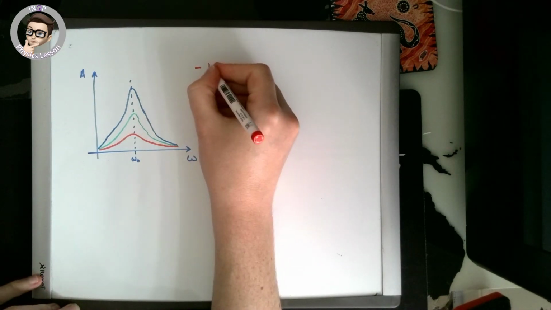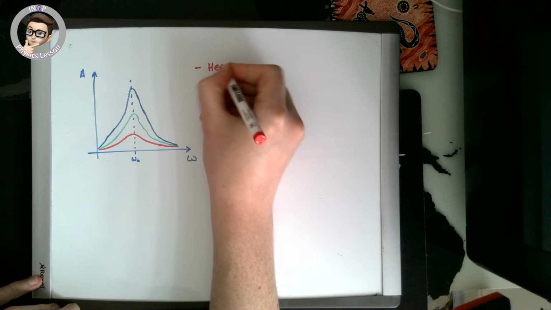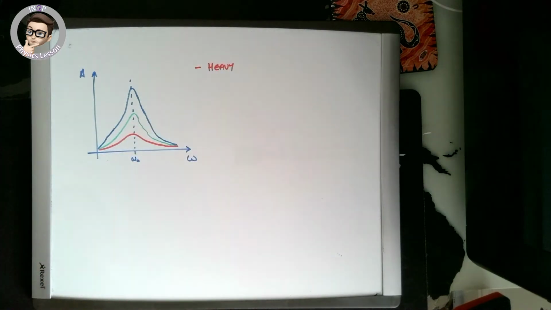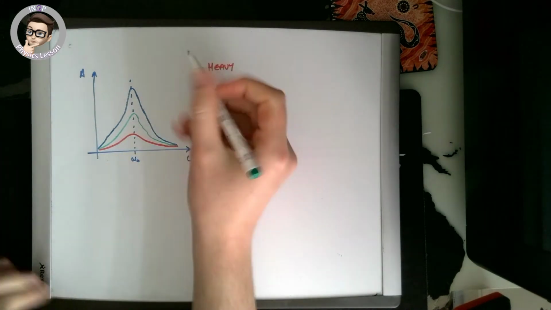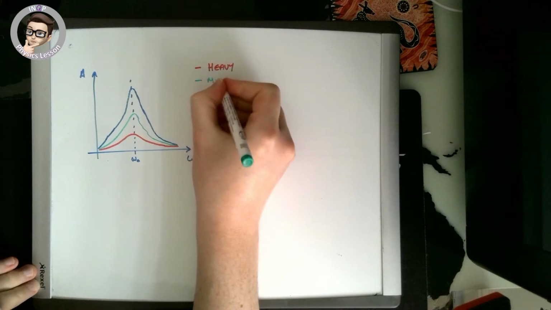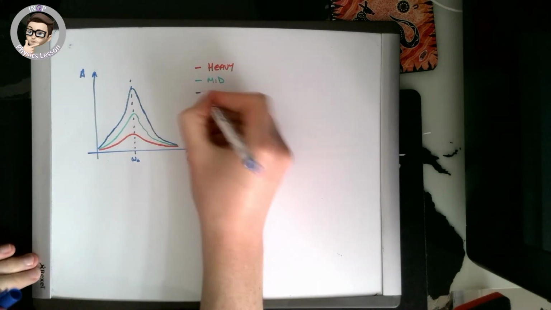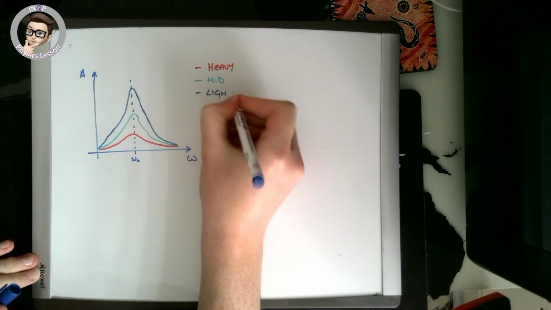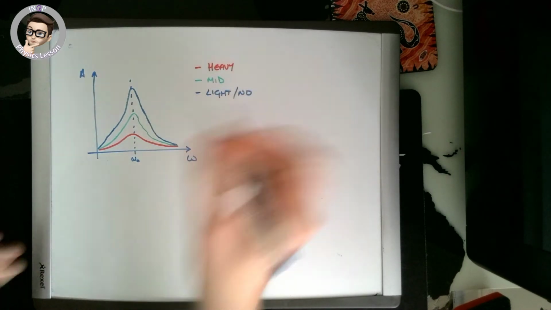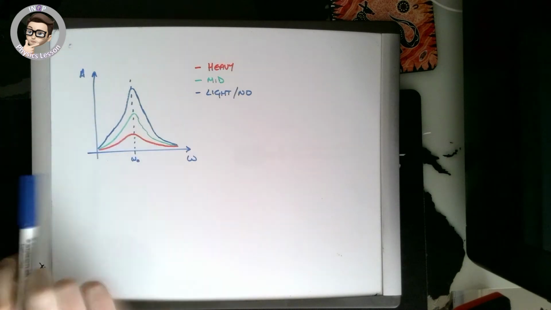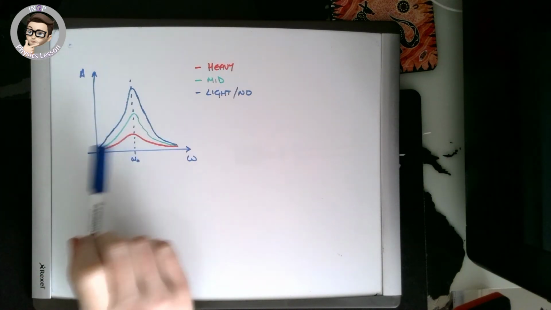So we've got heavy damping, we've got a mid amount of damping, and then we've got light or no damping with the blue. So the more damping you have, the less pronounced our resonance appears.